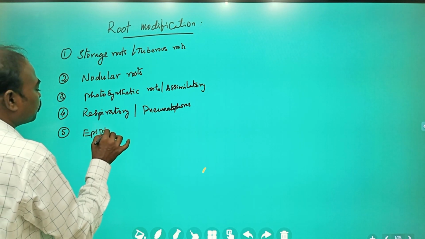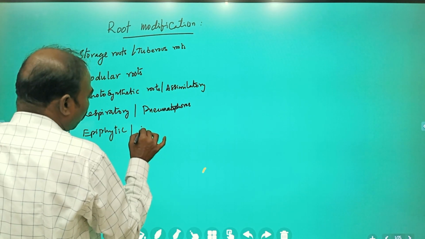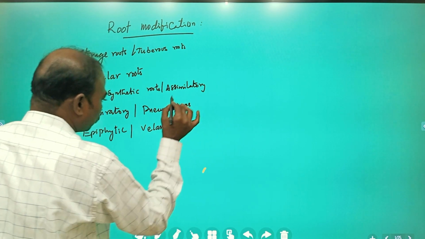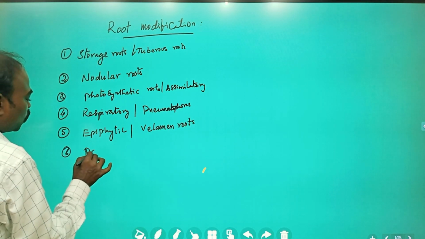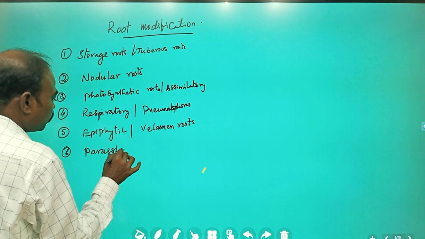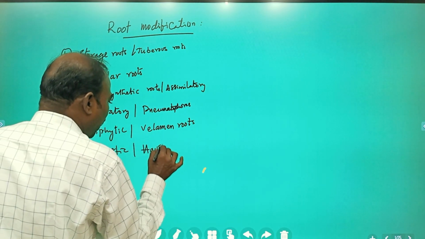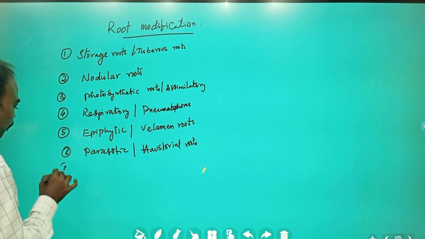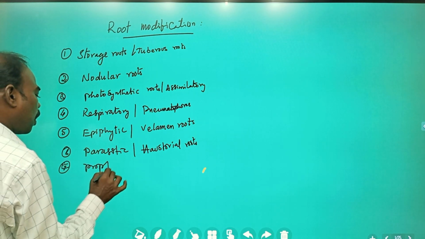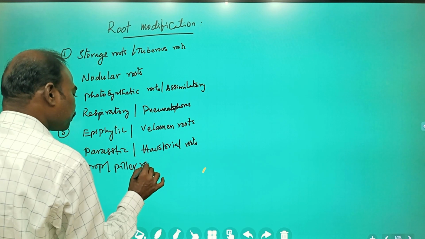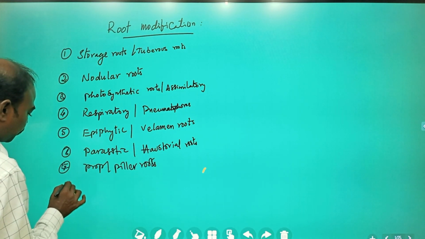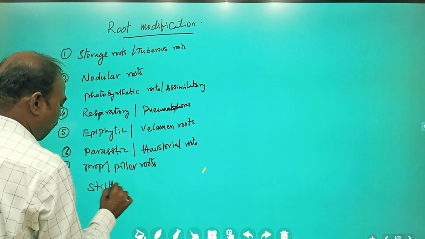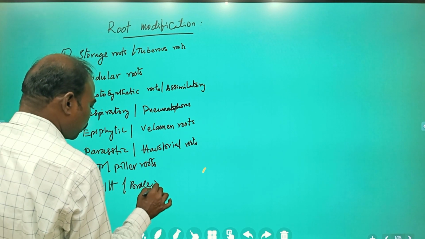Epiphytic roots or velamen roots. Parasitic roots or haustorial roots. Prop or pillar roots. Stilt or brace roots.